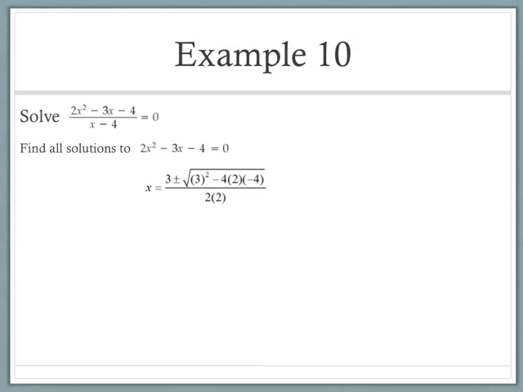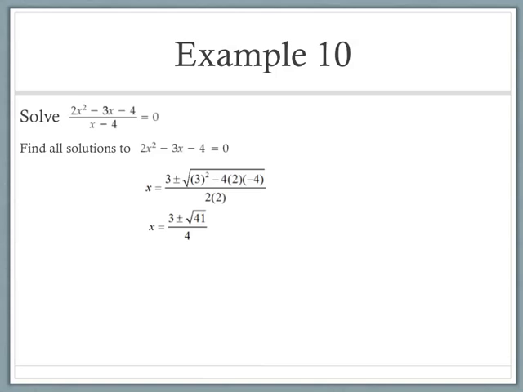Now, inside the square root, we have 9 plus 32. That gives us 41, so we have x is equal to 3 plus or minus the square root of 41 over 4. Now we're going to discard any solutions that make the denominator equal to 0.